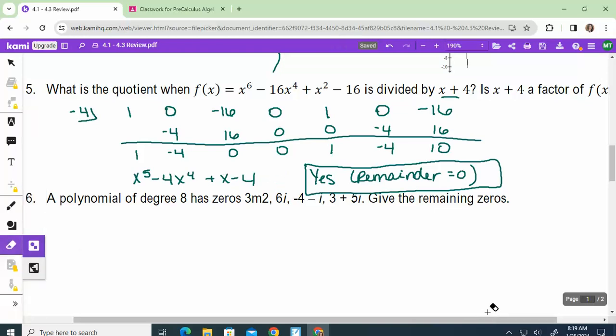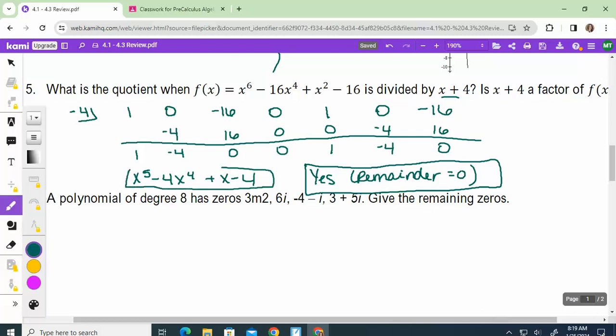Any questions on that one? Next one. Polynomial of degree 8. So how many zeros should we have? 8. We have 3 with multiplicity of 2. So how many zeros does that count as? 2. 6i, -4 minus i, and 3 plus 5i.